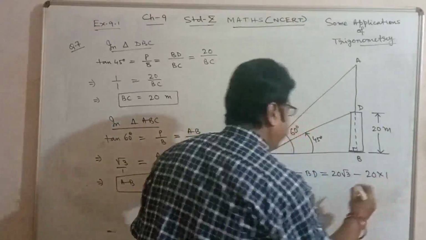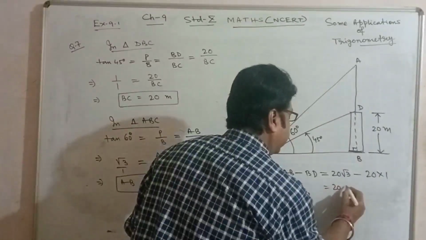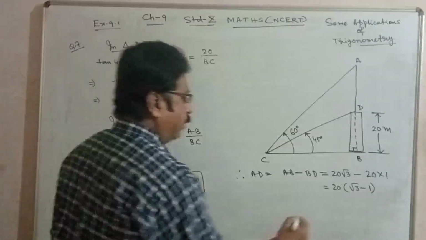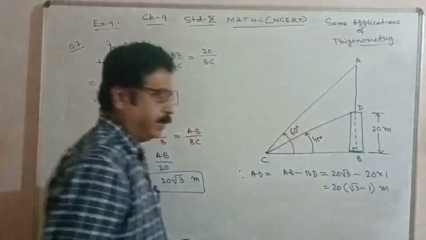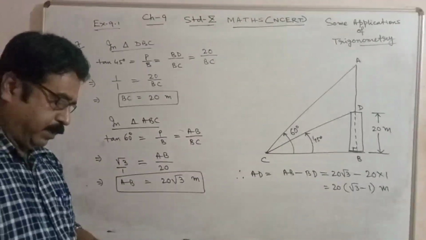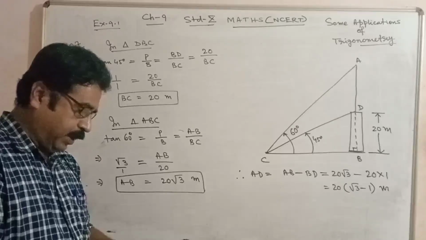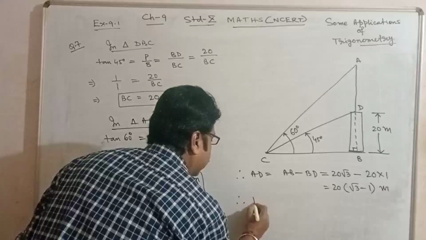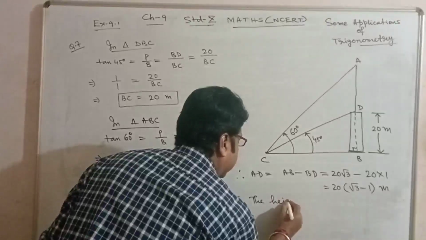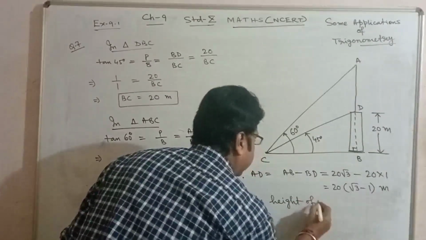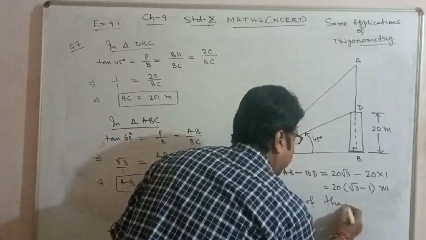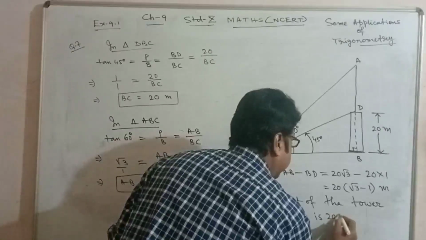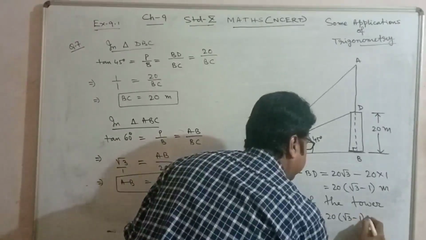You can write 20 common, it will be root 3 minus 1 meter. So we can write the answer now. Therefore the height of the tower is 20 root 3 minus 1 meter.